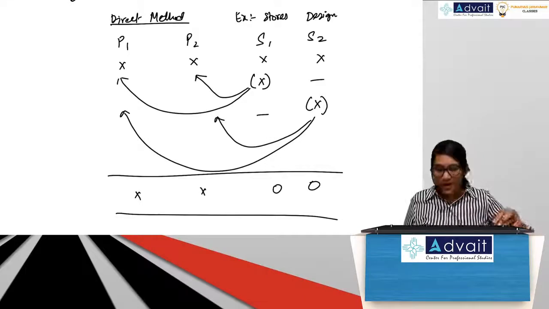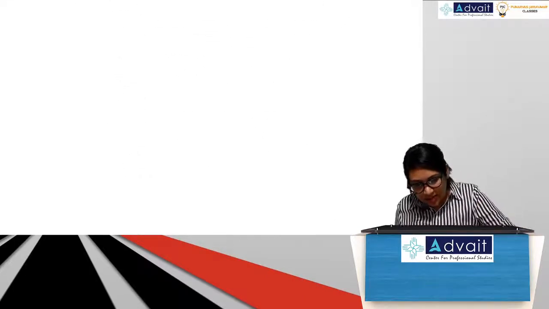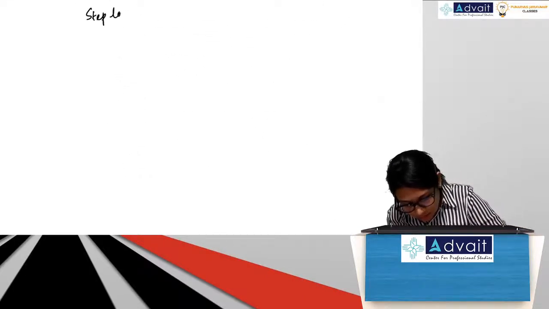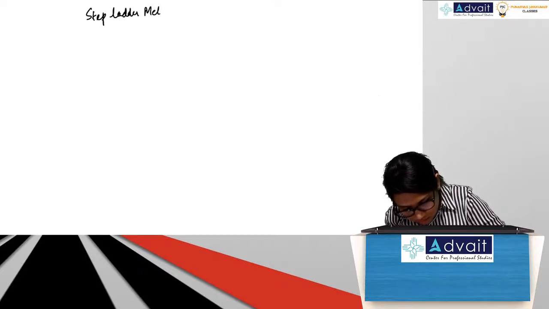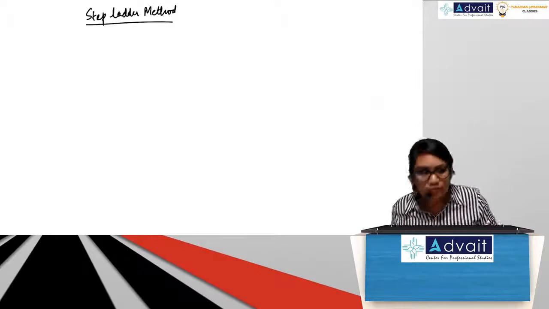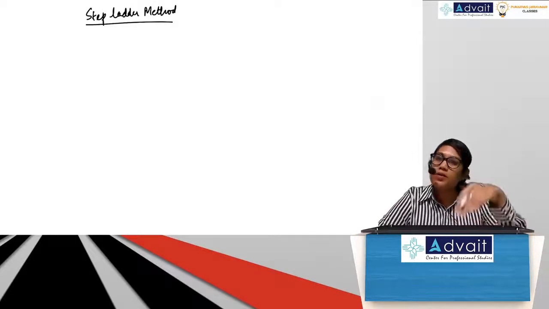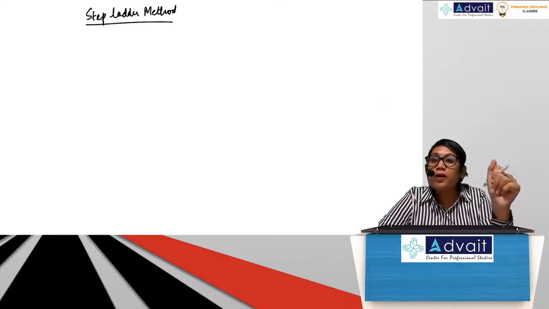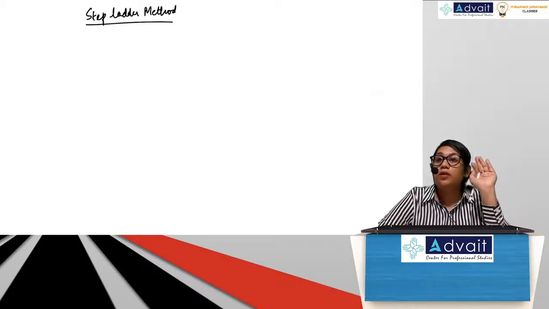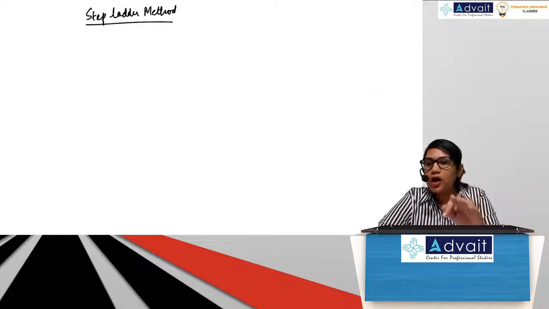Guys, okay. Next, step ladder method. Guys, in step ladder method, we assume that one department serves the other. One department means which department? Service department. Both service departments will serve production departments.